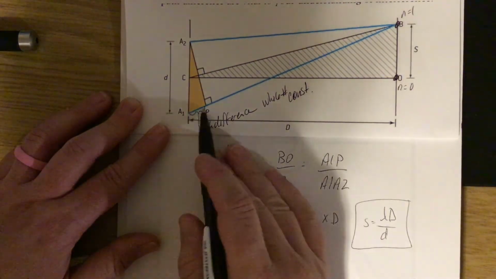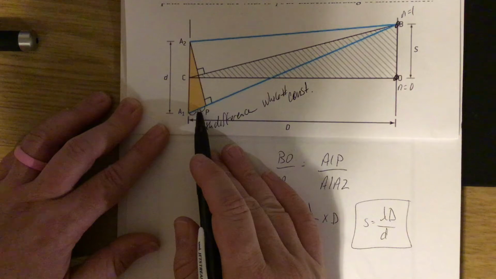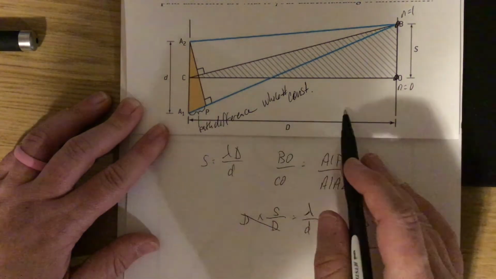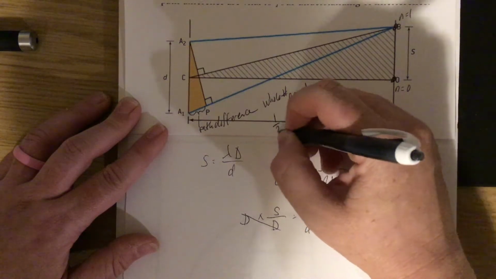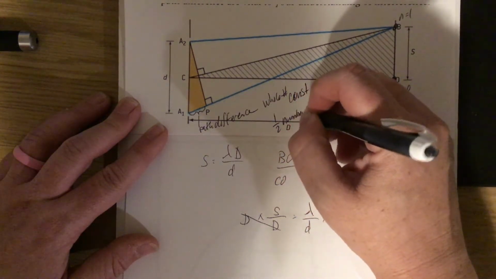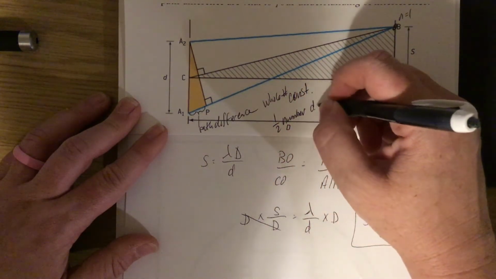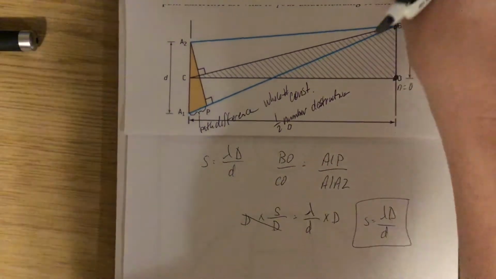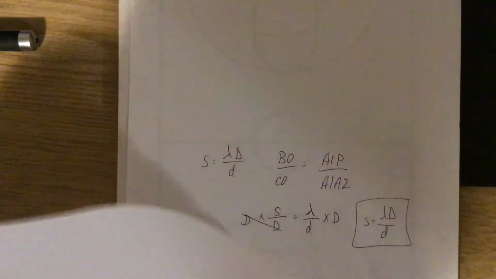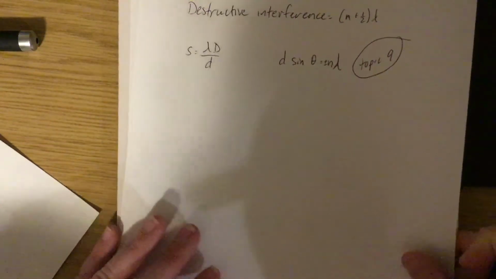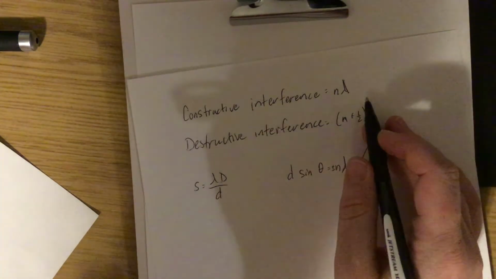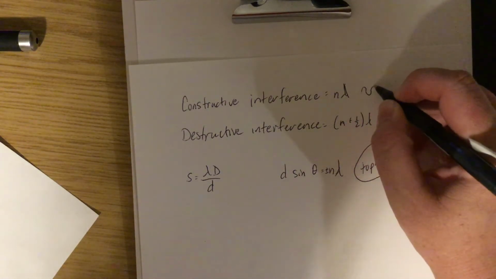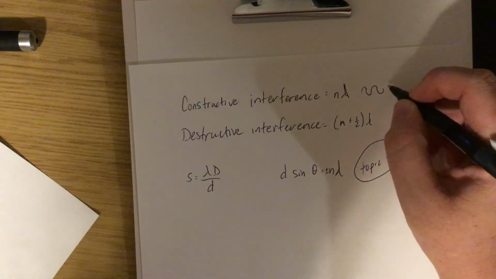If the path difference here is n plus a half, so you're falling on the half, 1.5, 2.5, 3.5, if it's a half number, then it's destructive interference. And so it gets back to these equations that we were looking at here, where for constructive interference the path difference is a single wavelength, or exactly 2 wavelengths, or something like that.